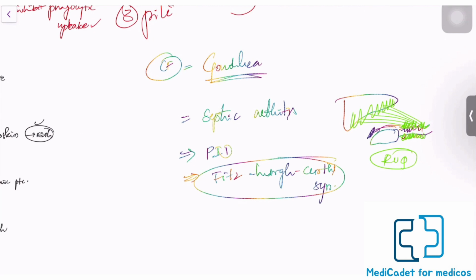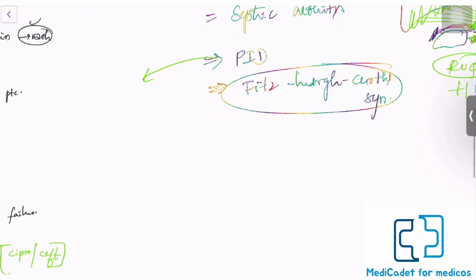So the patient will present to you with right upper quadrant pain, fever, nausea, vomiting, and the remaining pelvic inflammatory disease symptoms. So how would pelvic inflammatory disease present? I'll discuss this also. They'll have lower abdominal pain, nausea, vomiting, fever.